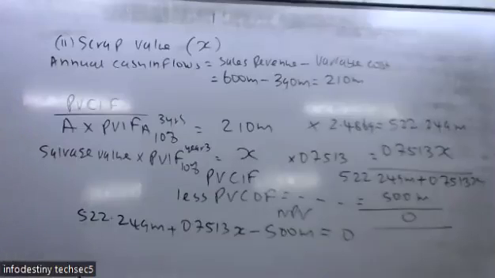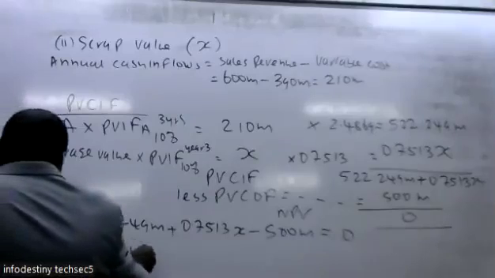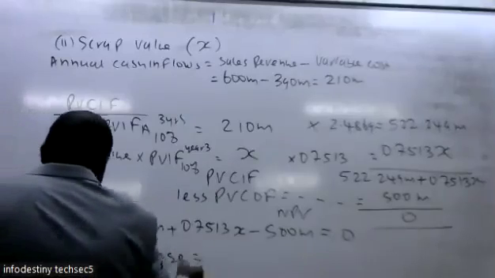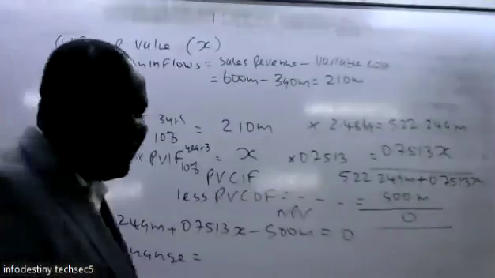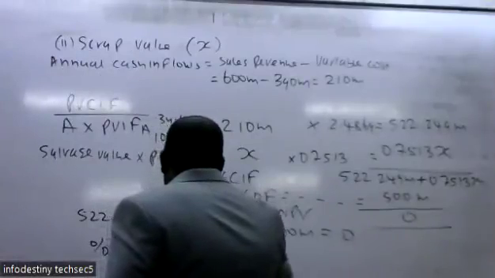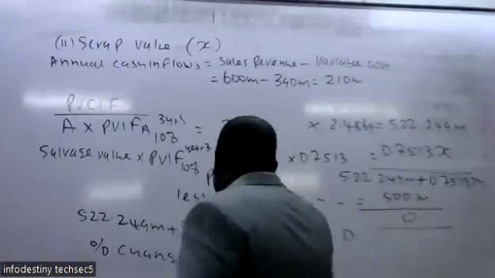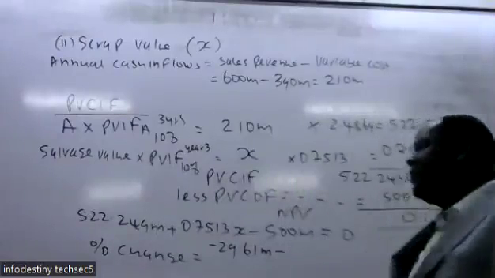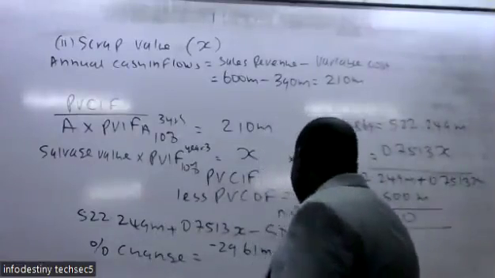So to get the percentage change, you take what you have calculated as negative what? Negative 29.61. Yeah. Then remember initially it was how much? It was 80 millions.